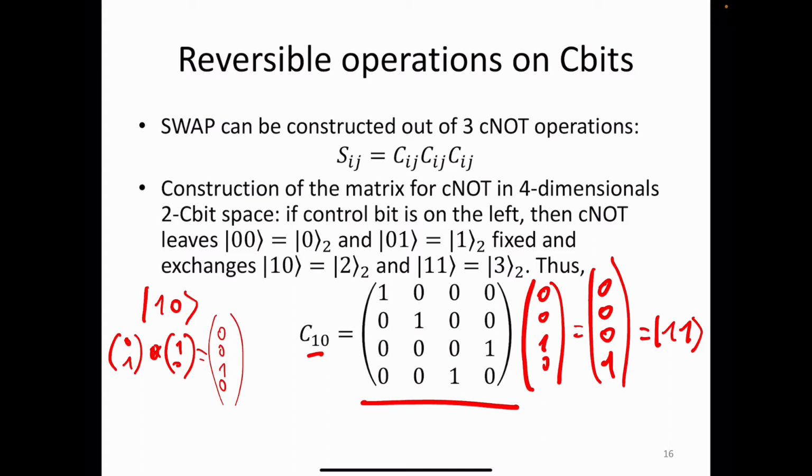You may try with some other operations. For example, try it out with 0, 1, or try it out with 1, 1. It will leave the states where the control bit is 0 alone, and it will change the states of the others.